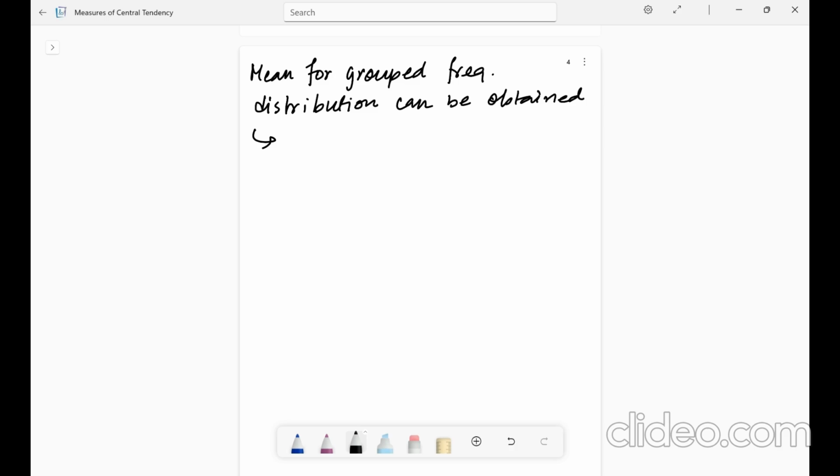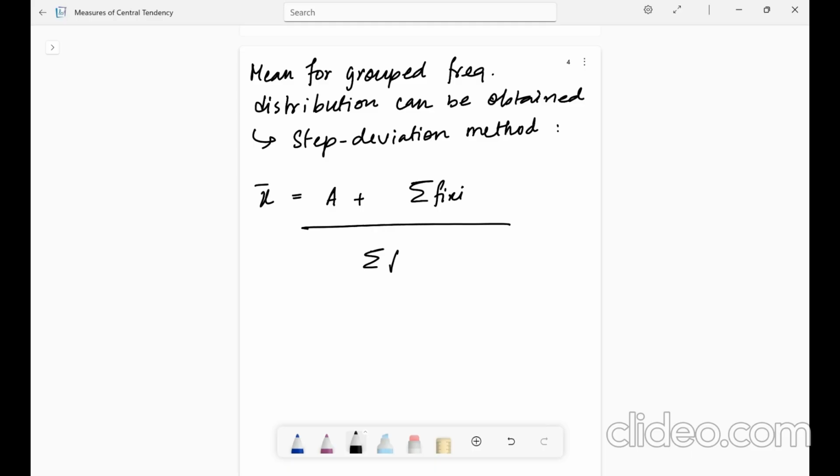That method is step deviation method. What is the formula for it? Let me write it, then I'll explain the terms. X bar is equal to A plus summation fi ui by summation fi, where i runs from 1 to n, into C.